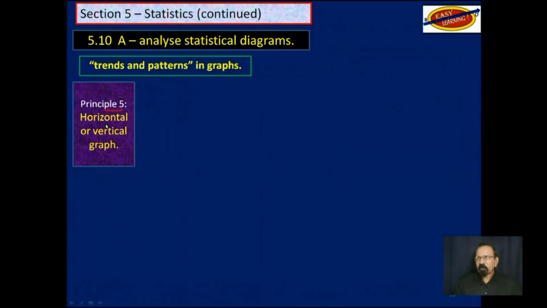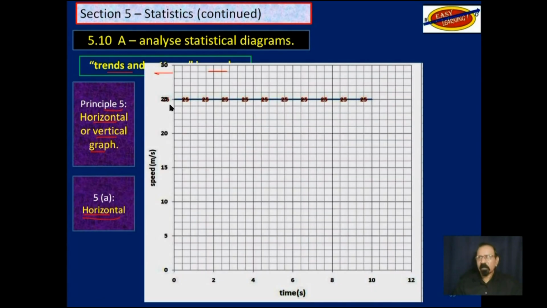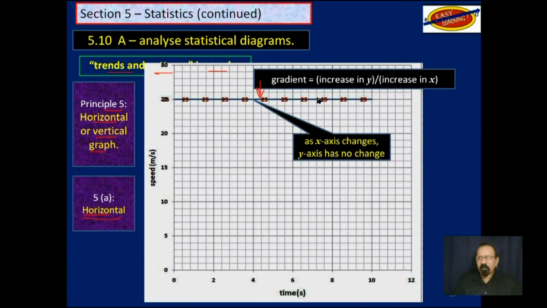Principle 5, horizontal or vertical graph. Now remember, we are just looking at trends and patterns of line graphs. So if you have a horizontal graph like this, and you try to find the gradient of that, which is the increase in the y-axis divided by the increase in the x-axis, you notice that the x-axis changes as we go along from left to right by that amount, whereas the y-axis stays constant.